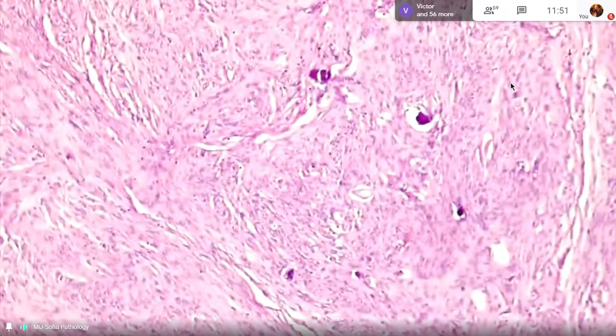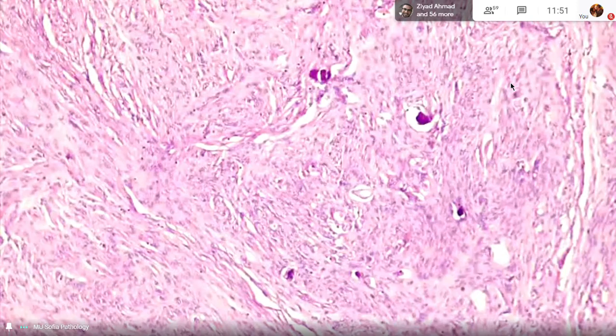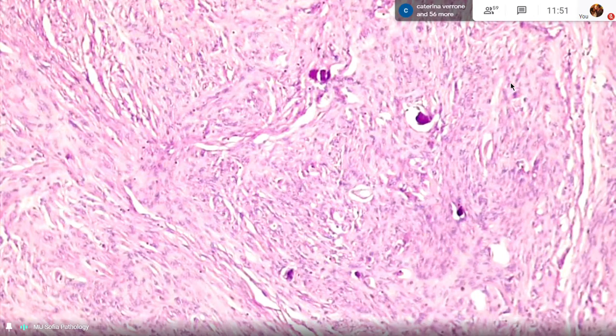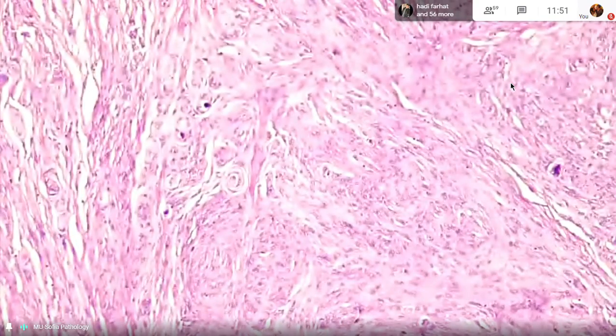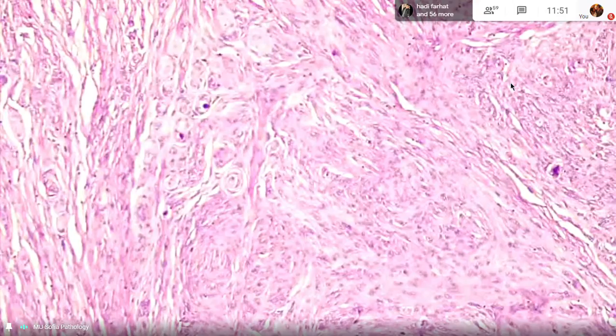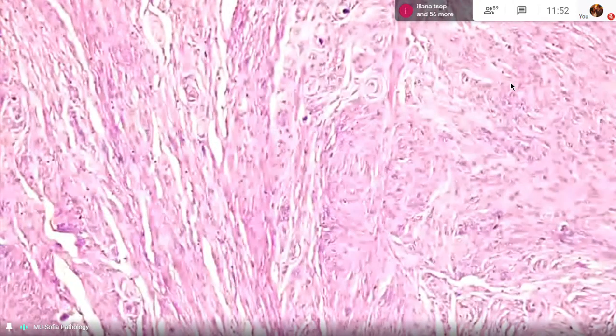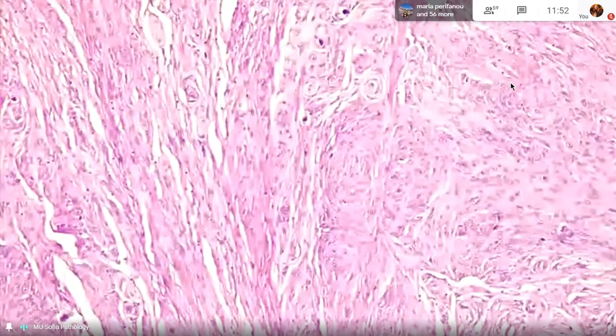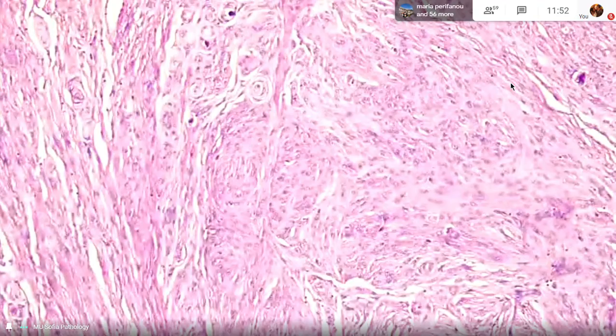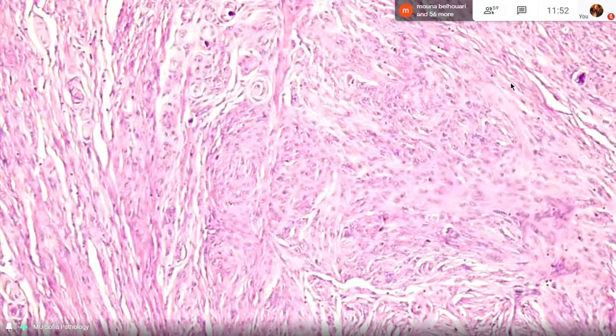If you see psammoma bodies on this background, for sure it is meningioma. I'll show you a psammoma type of meningioma where most of the tumor is really calcium. But now I want to concentrate: even if there are no psammoma bodies, you can diagnose that this is meningioma, because beside the tendency of these fascicles that are formed, look at these two ball-like structures in the center.